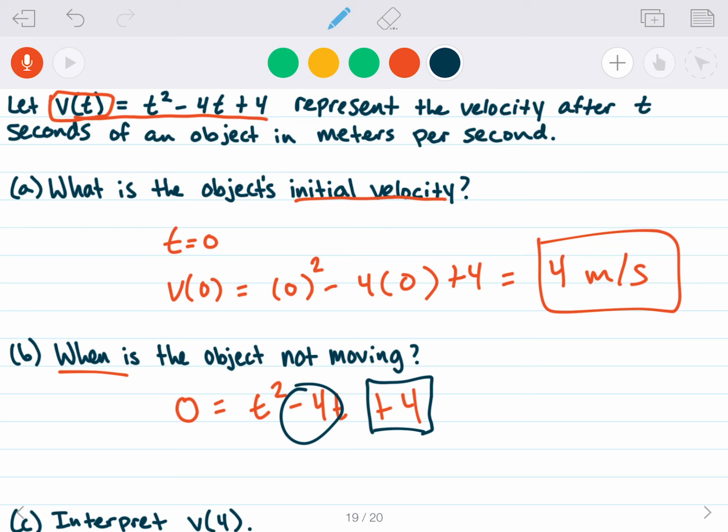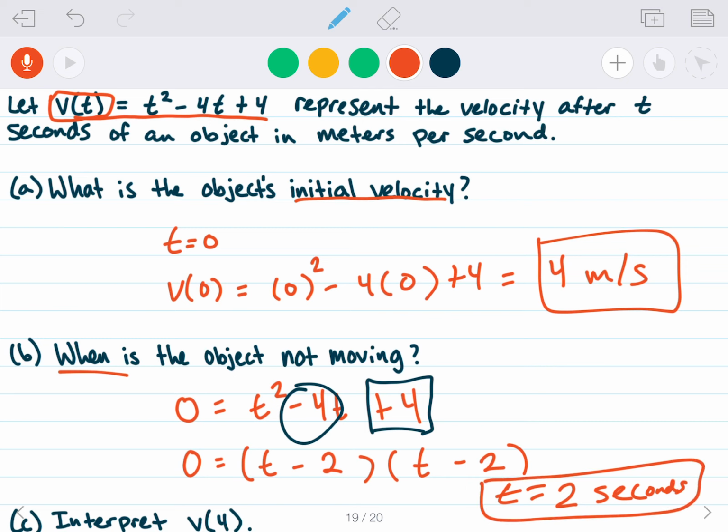That's going to be negative 2 and negative 2. Okay, so we have t minus 2, t minus 2. Each of these factors is the same, so if I set just one of them equal to 0, which is sufficient, we get t equals 2. So at 2 seconds, the object is not moving.